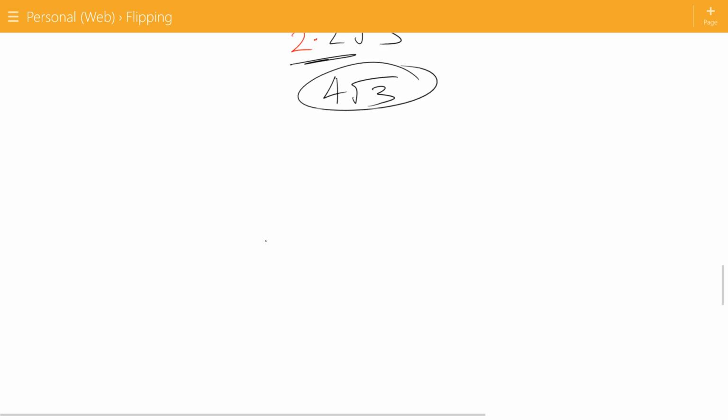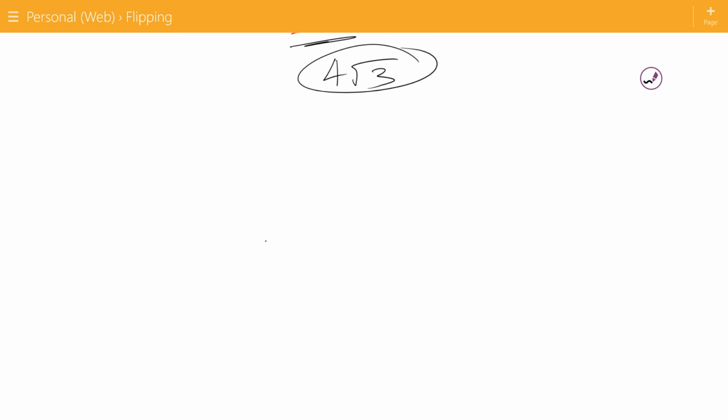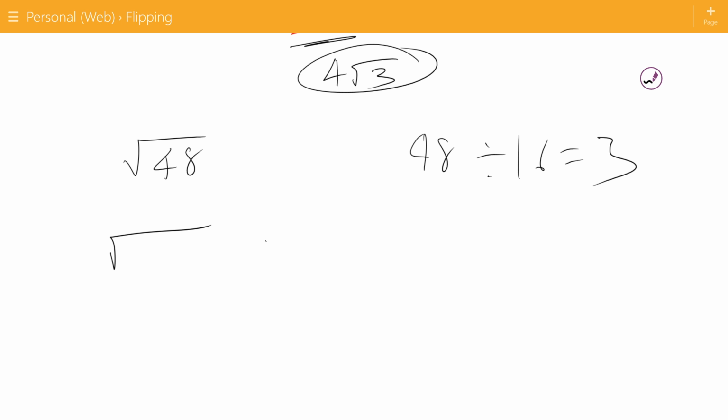Now, suppose that I looked at the square root of 48 and I said, 16 goes into this because 48 divided by 16 gives you 3. So instead I can rewrite the square root of 48 as the square root of 16 times 3.